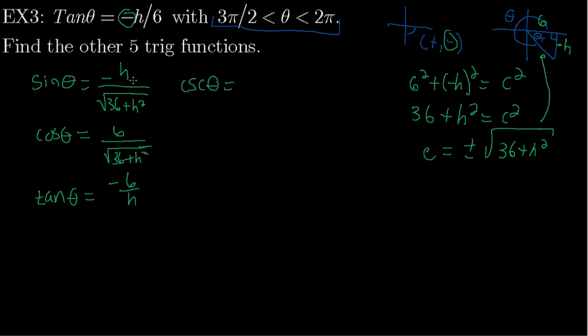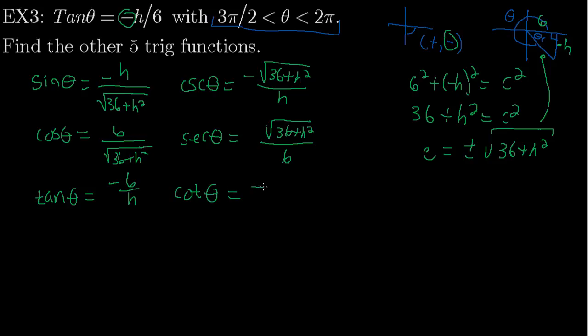Cosecant theta, the reciprocal of this one, negative square root of 36 plus h squared over h. Secant theta, square root of 36 plus h squared over 6. And cotangent theta, negative 6 over h.